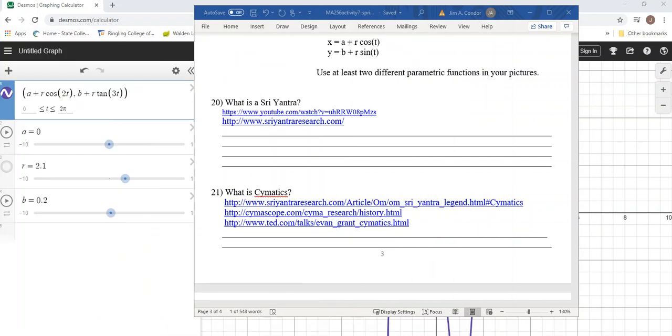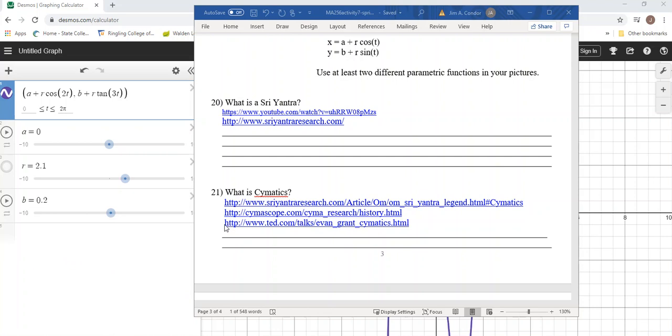It comes back through the movie several times, but there's something that relates to this that's very similar. The Sri Yantra had been around for a long time, but then they started to do some experiments with sound. This TED Talk is something that you really want to listen to.